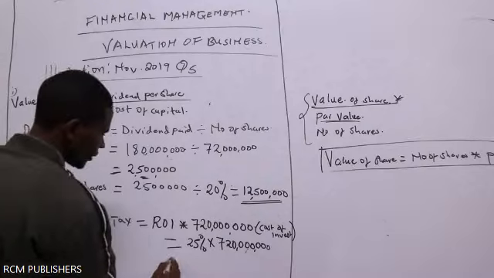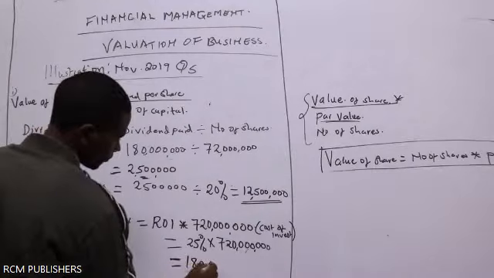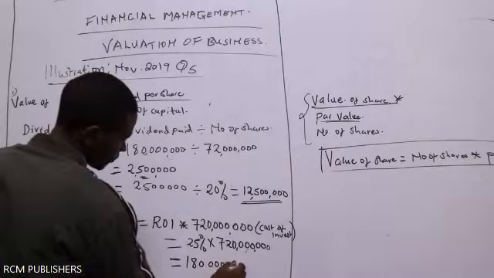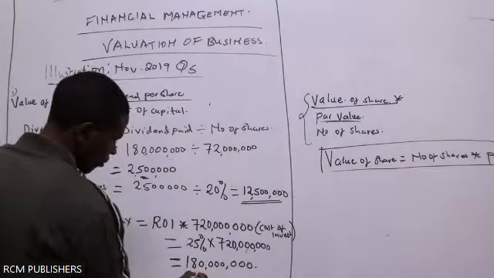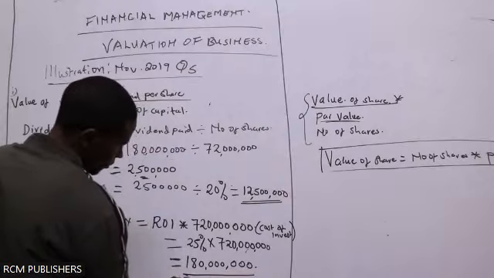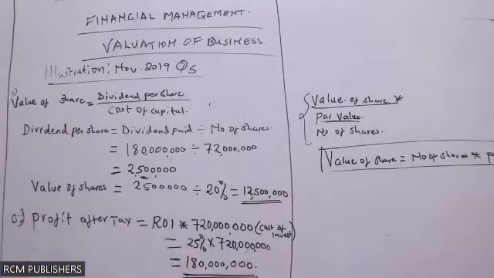Getting 180 million. Yeah, that is our profit after tax. Profit. That means tax is eliminated.